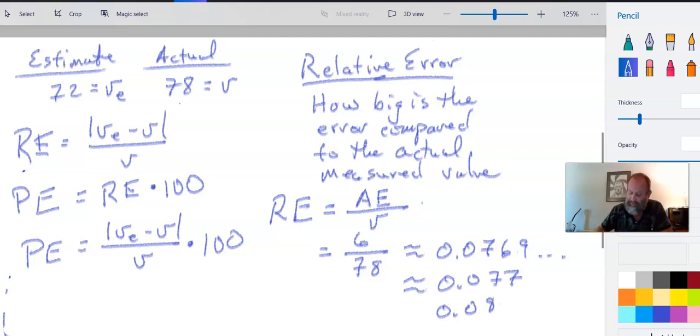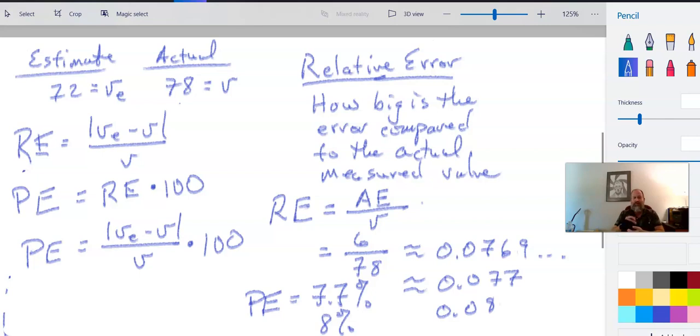In this case, if I wanted the PE, depending on where I'm rounding it, I'm either going to have 7.7% or 8%, so one of those two things. Now, here's the other question: is this a good estimate?